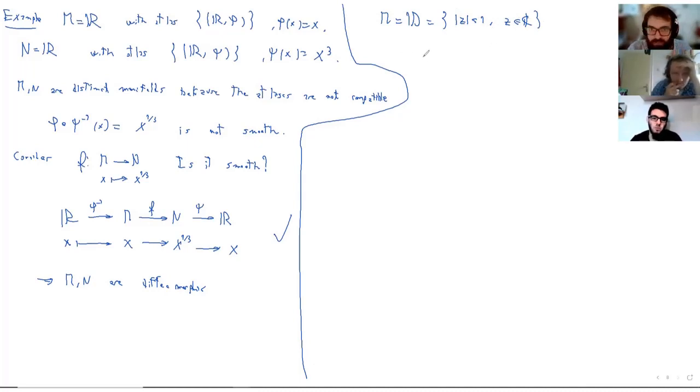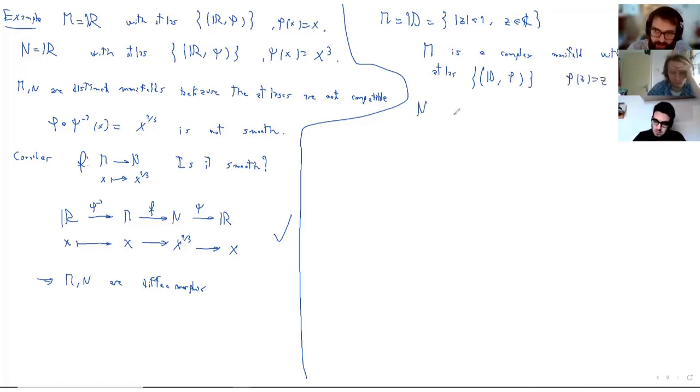Our first atlas makes it a complex manifold M with atlas D. So again, only one chart, D and phi, and again, phi is just the identity.